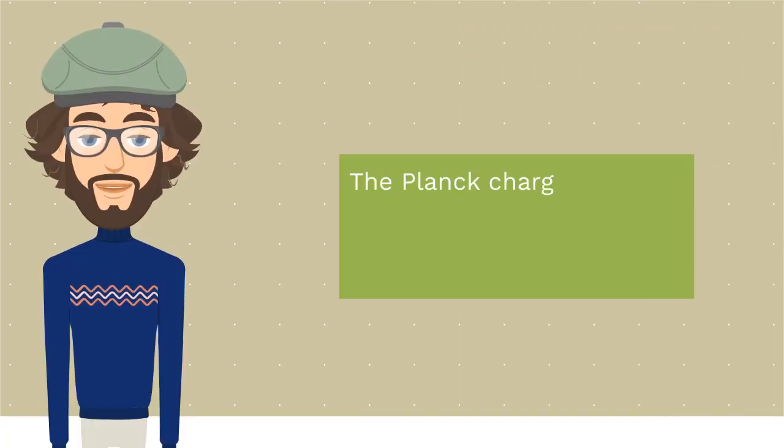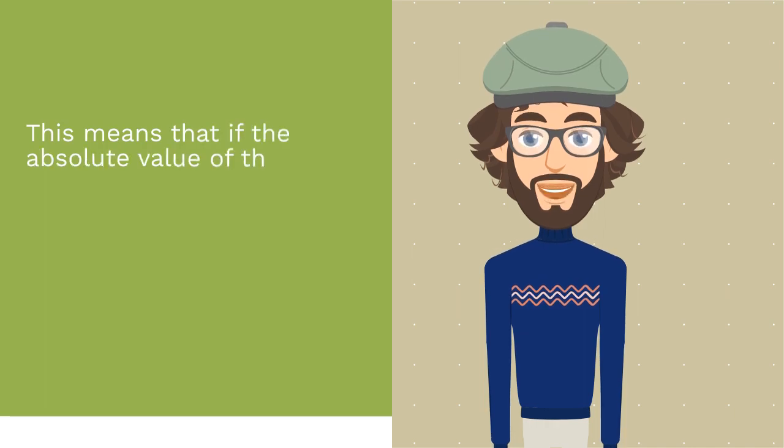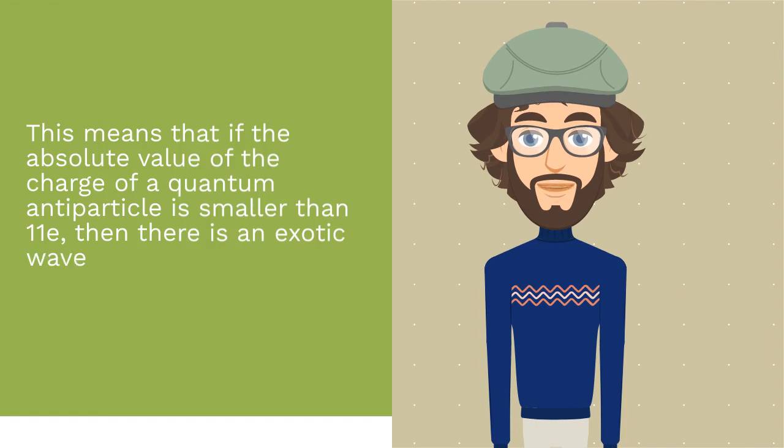The Planck charge is approximately 11 times the absolute value of the electron charge, e. This means that if the absolute value of the charge of a quantum antiparticle is smaller than 11 e, then there is an exotic wave associated to the quantum antiparticle.